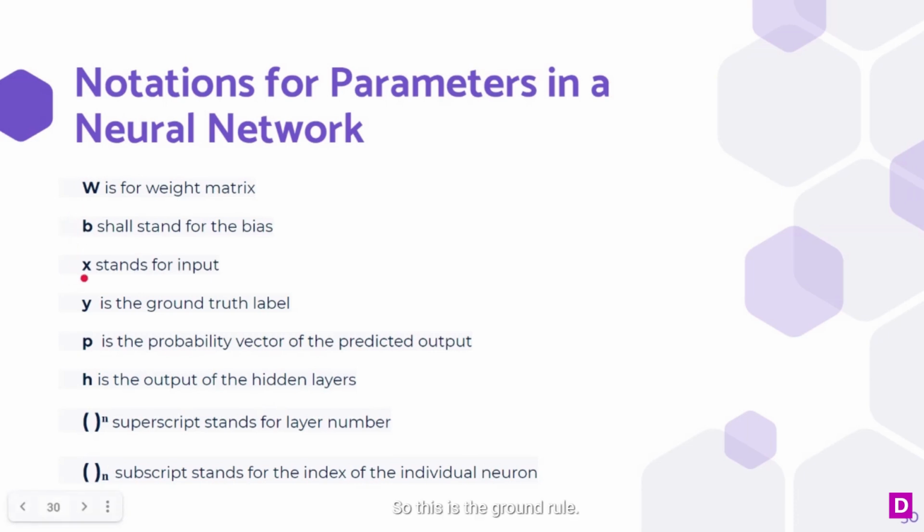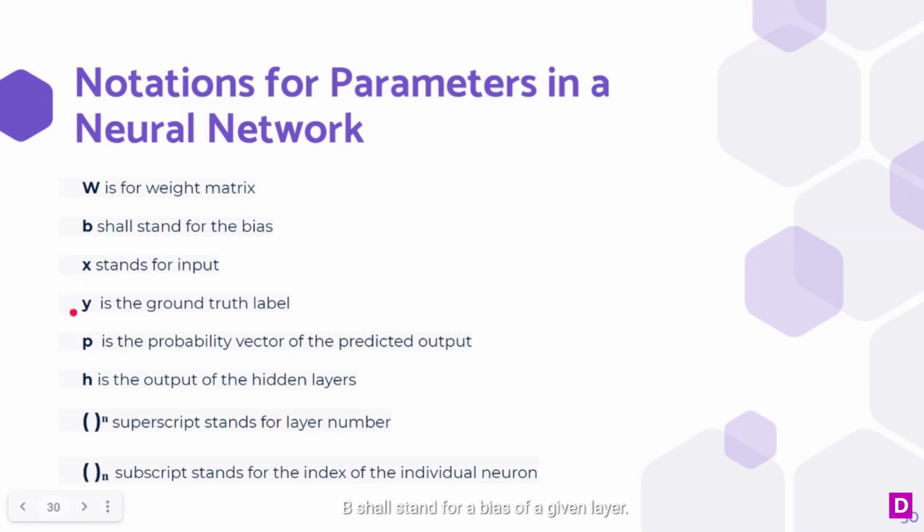So this is the ground rule. All the notations provided here represent a vector, and vectors are also called matrices. So the weight is represented by W and it is a matrix.